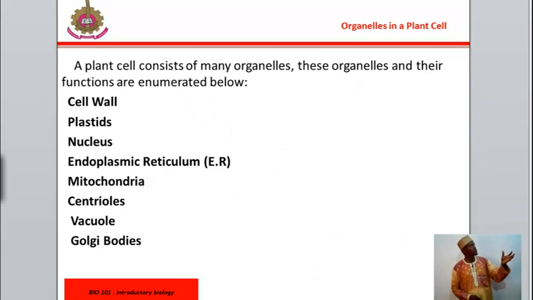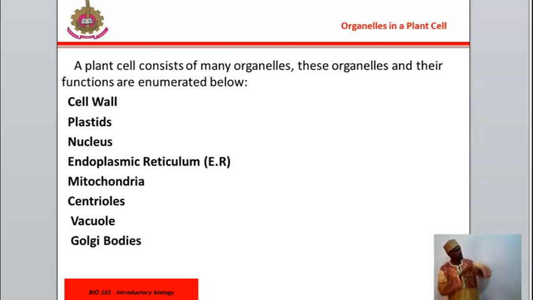Now, if you look at it, these are the organelles in the cell. The organelles are the factors in the cell that combine their activities to give the cell its functions. Now, I've mentioned the cell wall, plastid, the nucleus, endoplasmic reticulum, mitochondria, centriole, vacuole, and Golgi body.